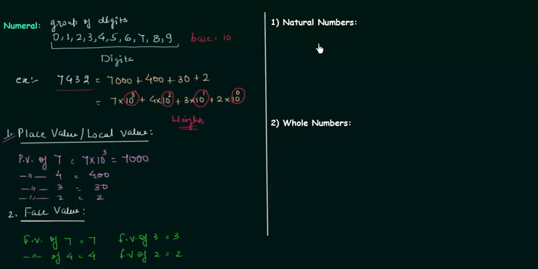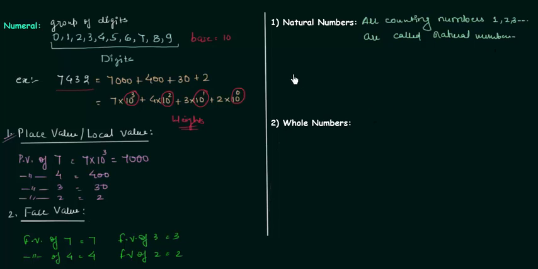All counting numbers are called natural numbers. Let me write this down. All counting numbers like 1, 2, 3 and so on are called natural numbers.